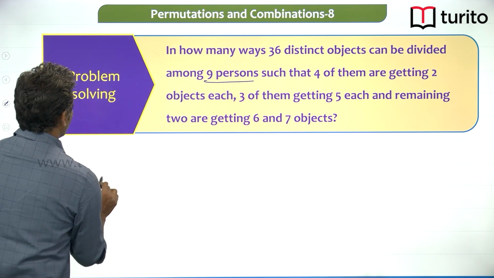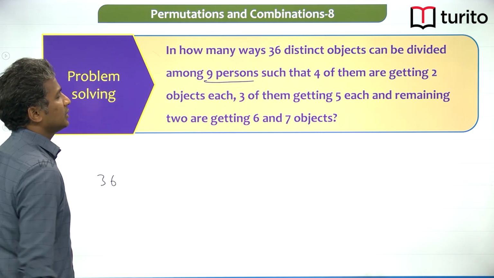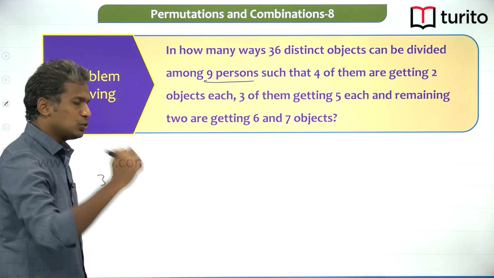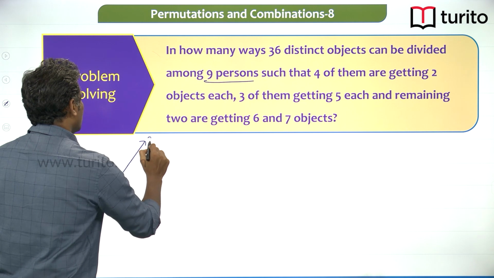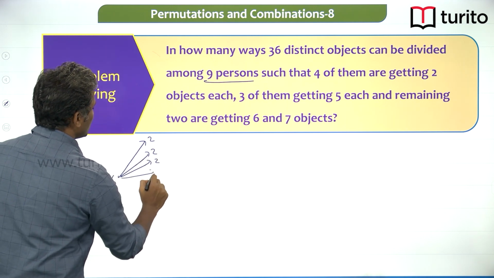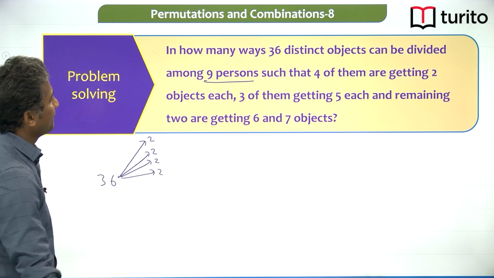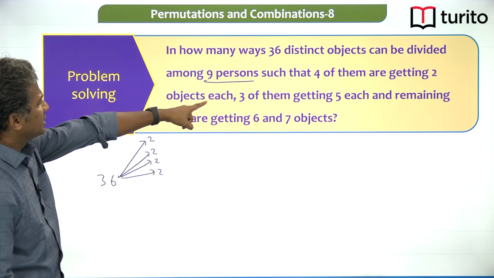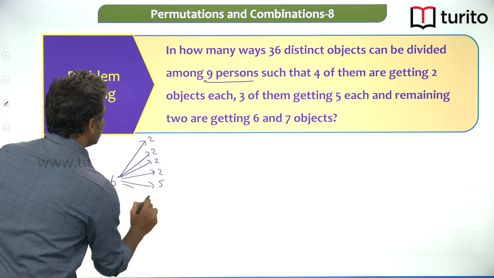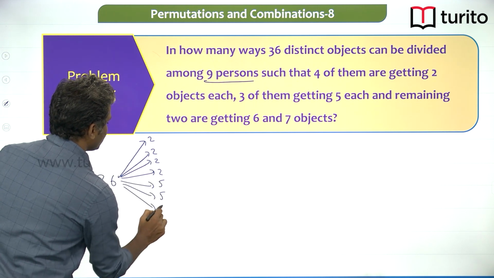First try to observe how many groups are being formed, 9 groups, and 4 of them must be having 2 objects. So with 2 objects there are total how many groups? There are 4 groups. And with 3 of them getting 5 each, that means with 5 objects there are 3 groups.